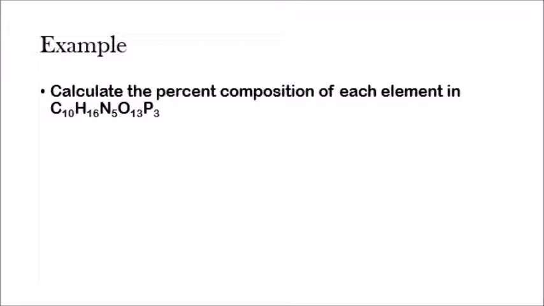Oh my goodness. This is going to be challenging, but if you can do this, then you can probably do any percent composition problem. So first, let's break this down to each element.